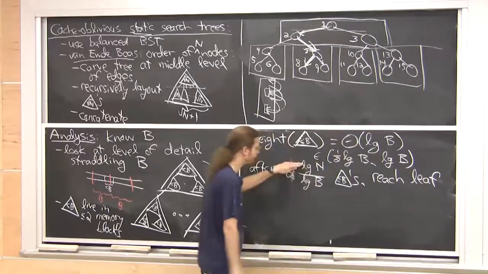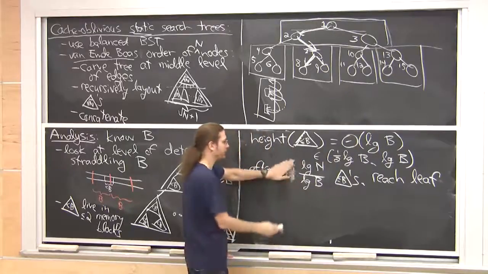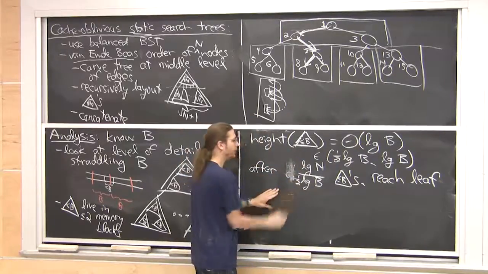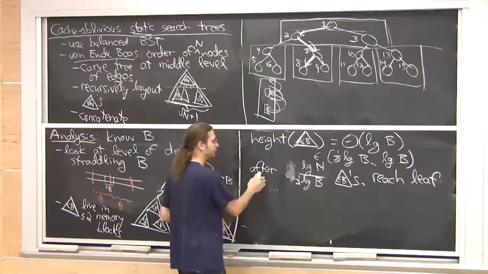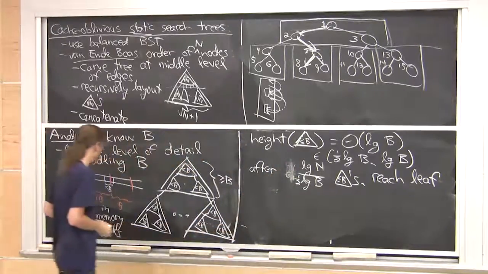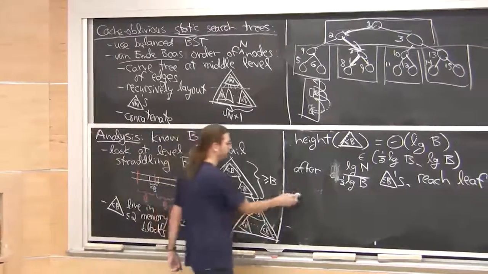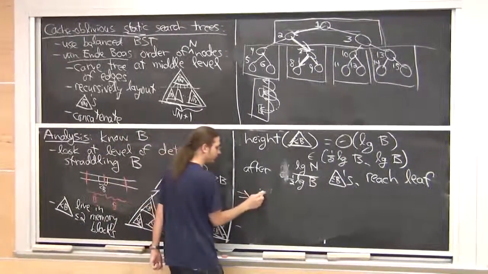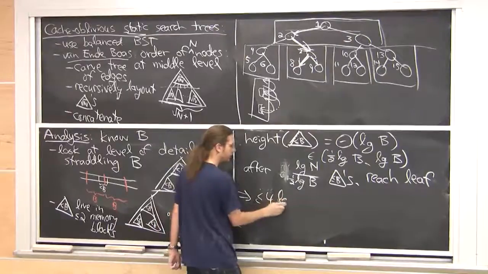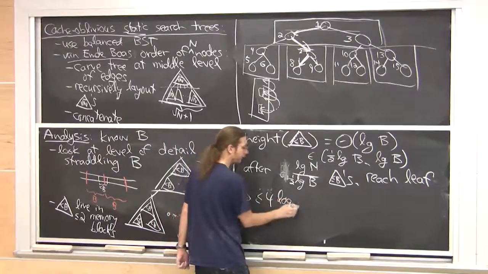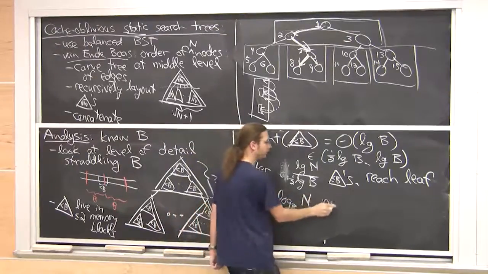It's total progress we need to make, divided by half log b, the progress per triangle. So we get 2 times log base b of n. And then for each triangle, we have to pay 2 memory reads. So this implies at most 4 log base b of n memory transfers.